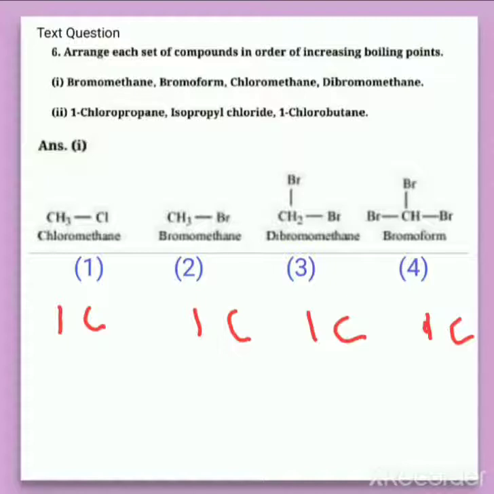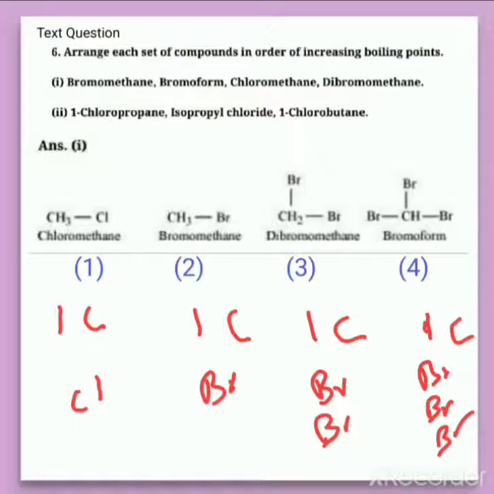Then we find that in the first case only one halo group is present, one Cl. In the second case only one Br is present. In the third case, two Brs are there, that means two bromo groups. And in the fourth case, three bromo groups are there.